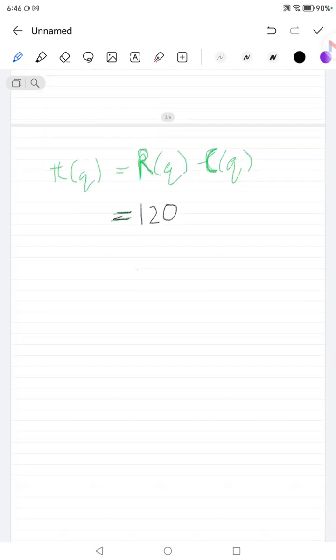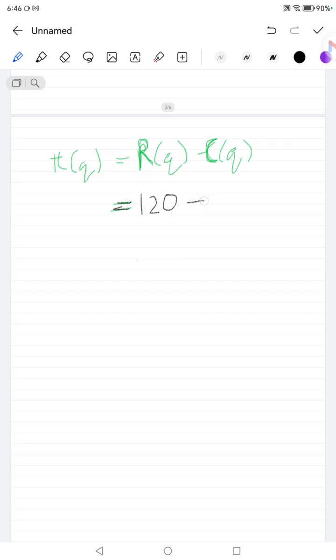So your cost is 66 rand. So I think this would give you your 54.